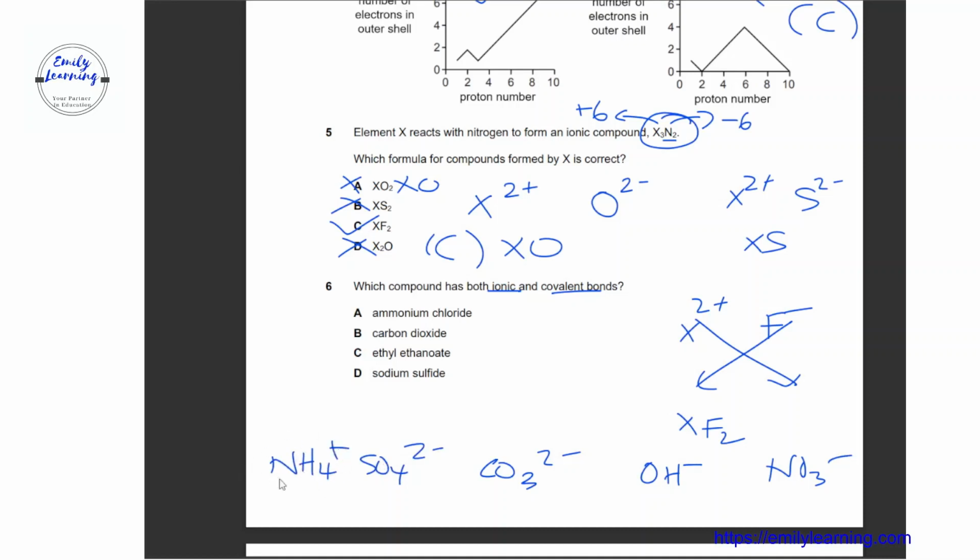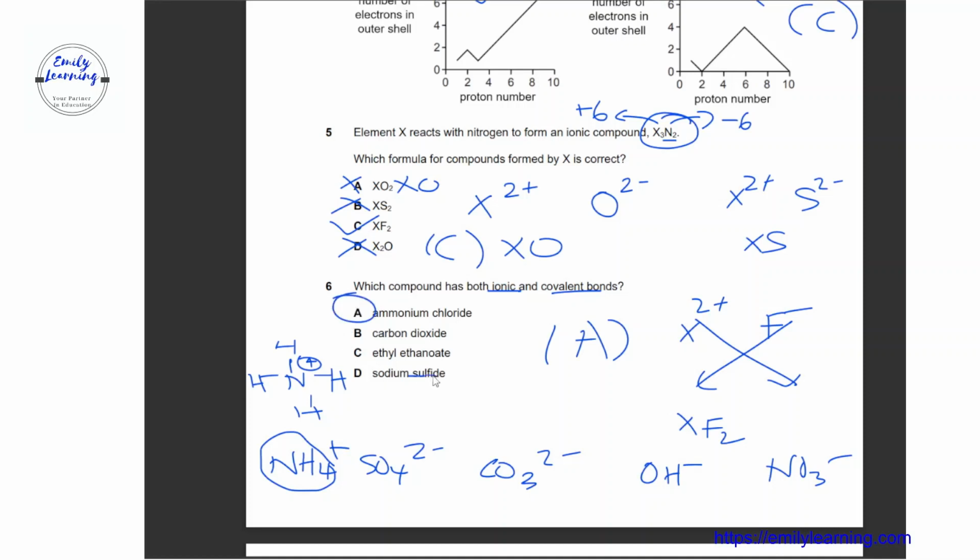Because these are ionic compounds with covalent bonds within them. So your NH4 plus is basically covalent, but there's a charge here. So whenever you see ionic and covalent bonds, just look for a compound that contains ammonium, sulfate, carbonate, hydroxide, nitrate. So the answer is straight away A.